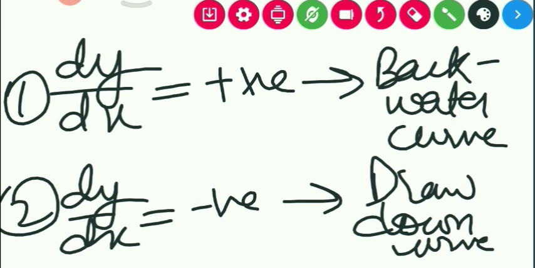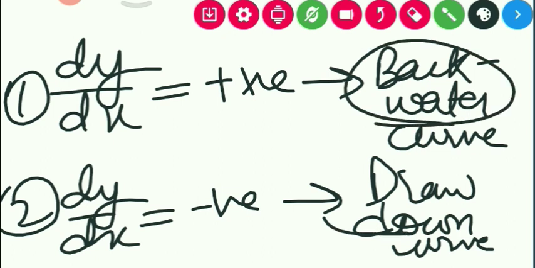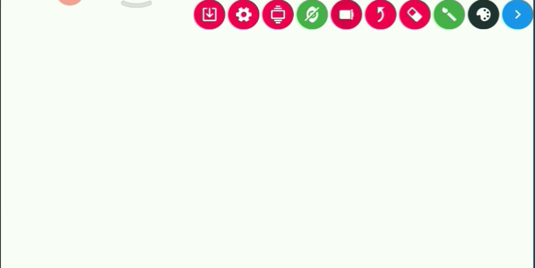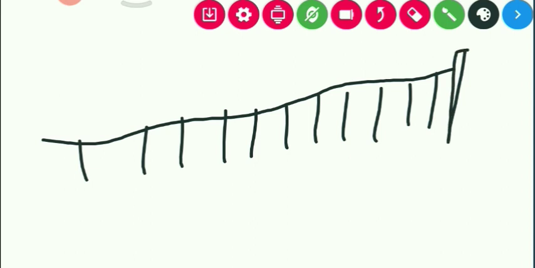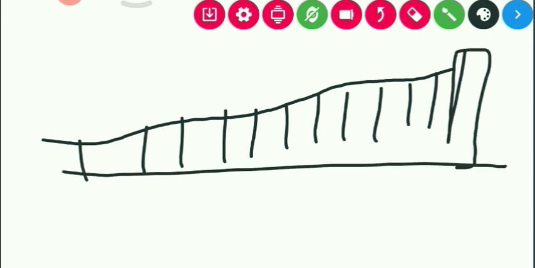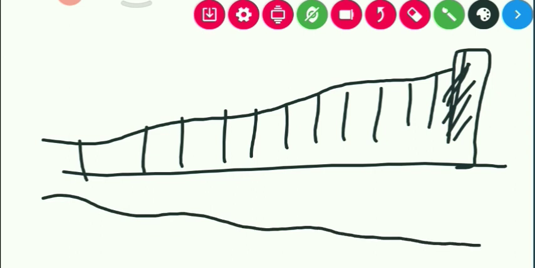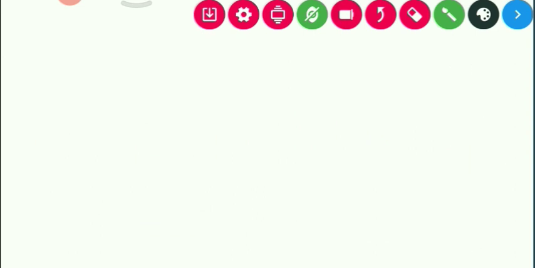It is simply either a backwater or a drawdown. Backwater means the depth of the water is always increasing, and a drawdown curve is one in which the depth of the water is always decreasing in the direction of the flow.